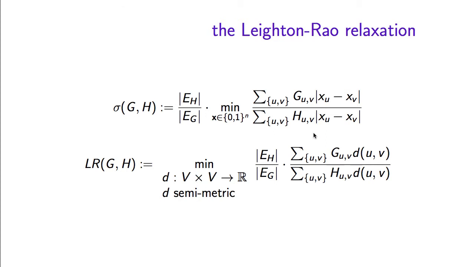This seems like a very loose relaxation, one where you allow distance functions that look nothing at all like Boolean distance functions. So it's unclear that this is at all useful in approximating the problem, but it turns out that this can give a fairly good approximation.